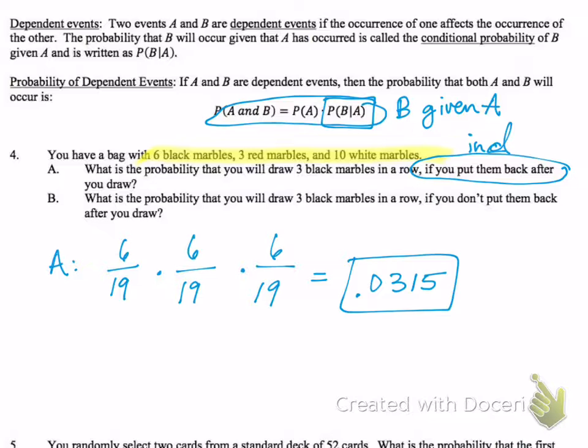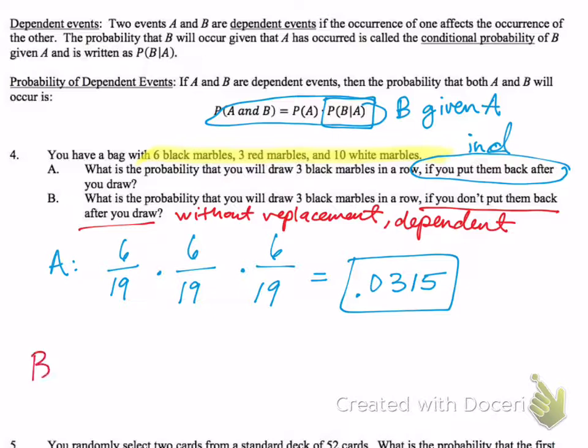Then part B, it says that you draw 3 black marbles in a row if you don't put them back after you draw. So this is without replacement. So that means that they are what kind of events? Dependent. So if I take my first black marble, what's the probability of drawing that first one? 6 out of 19.